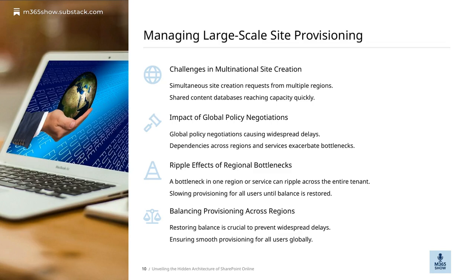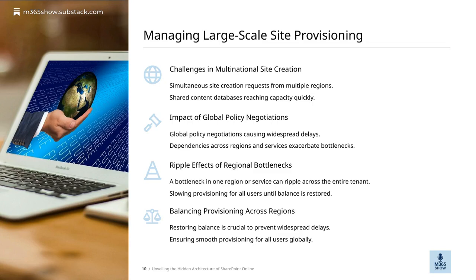These ripple effects can be further amplified by global policy negotiations. When policies are being negotiated or updated, they can cause delays that affect multiple regions and services simultaneously. Dependencies across regions mean that a bottleneck in one area can escalate quickly, impacting the overall system. Now, in the context of multinational site creation, things get even more complex.